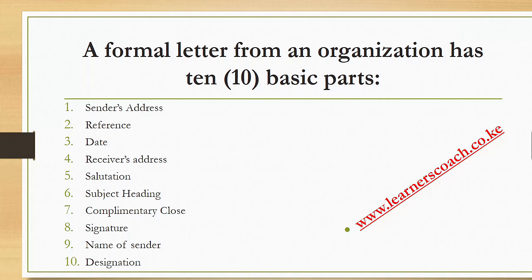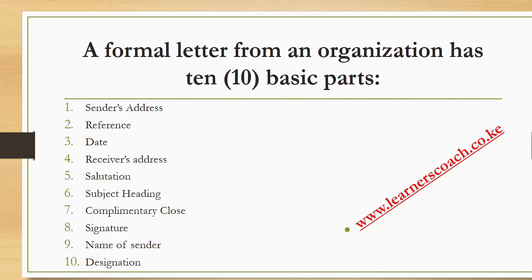So regardless of which letter you are writing, ensure that these 10 parts are featuring on that particular letter. Ideally, with respect to a formal letter, you can always share the sender's address. That should be the first one. We should also have some reference as the second. Then the date, very, very important. And of course, it should have the receiver's address.